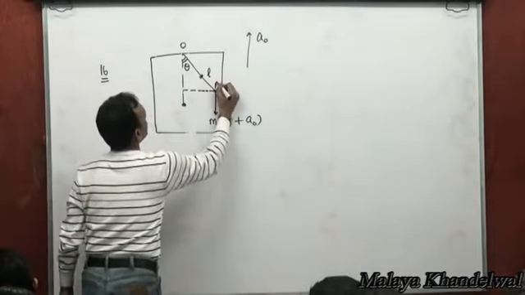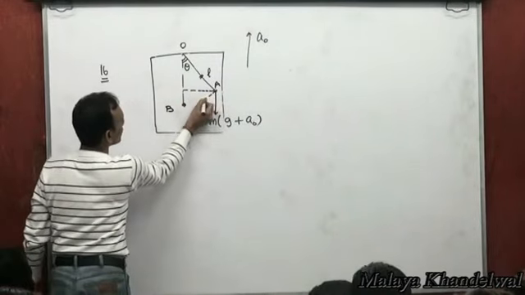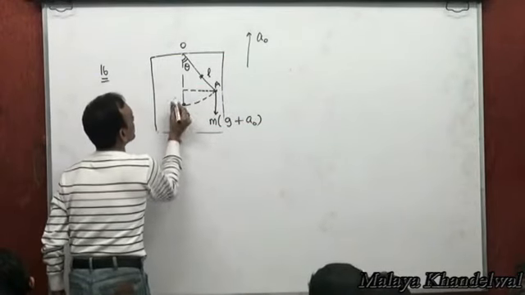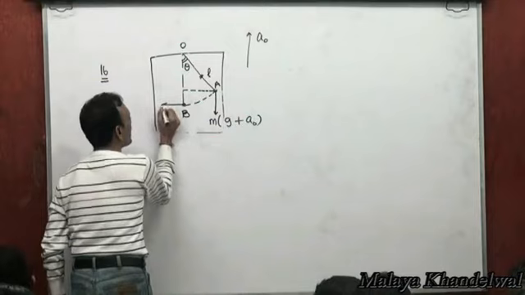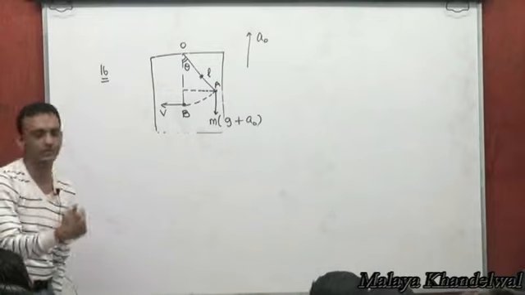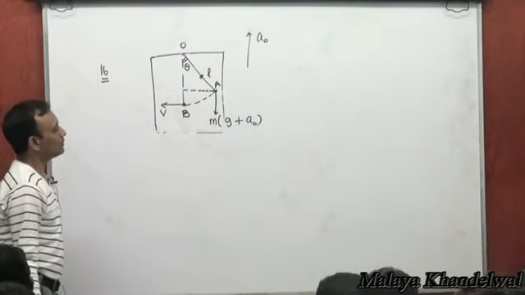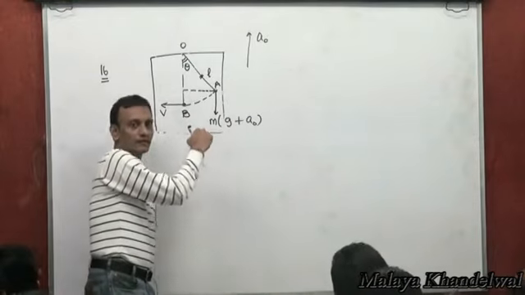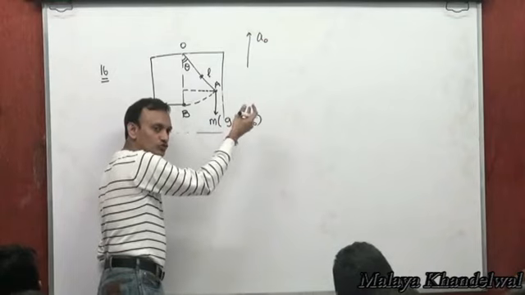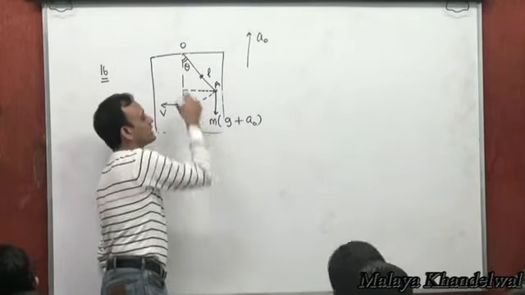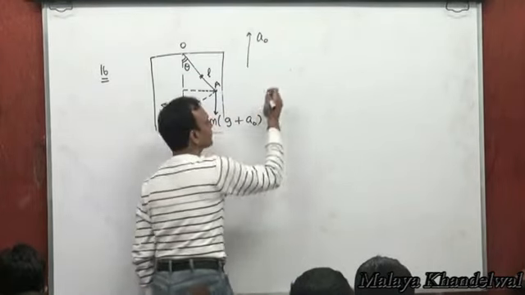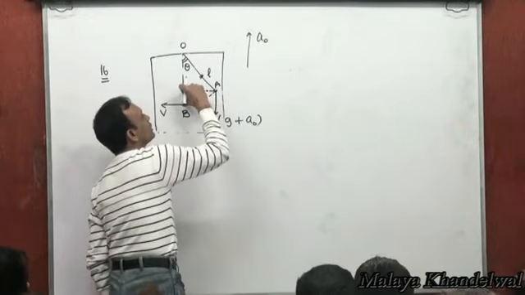Now, from A to B, let's say the gain in velocity with respect to the cabin is v. It's going to be horizontal, as you can see. I can apply the work energy theorem. There are two forces acting, tension and m into g plus a naught. These are the only two forces acting, right? So with respect to the cabin, the work done by the real and pseudo forces mg and m a naught is going to be mg plus m a naught into this length.